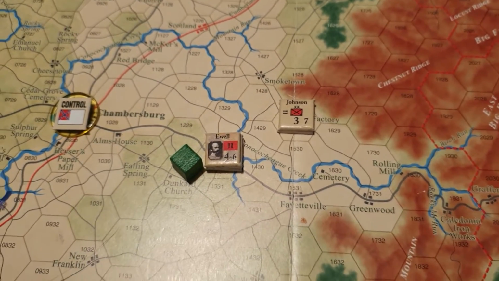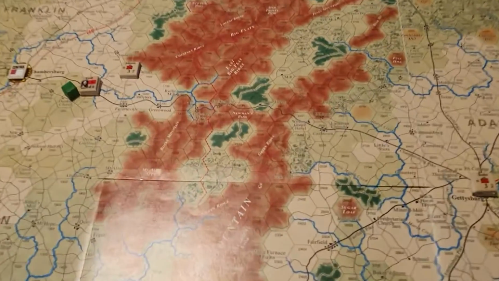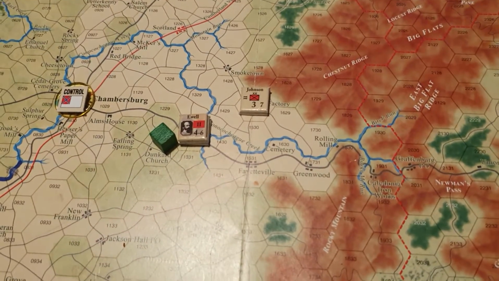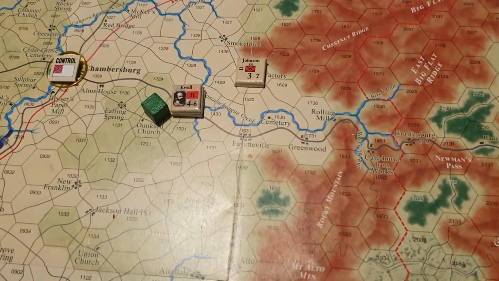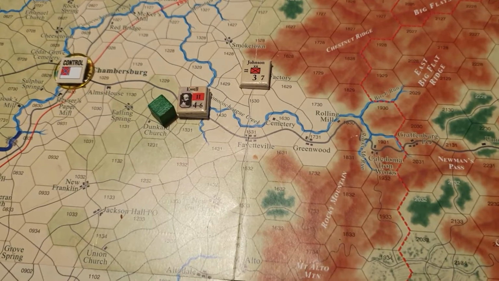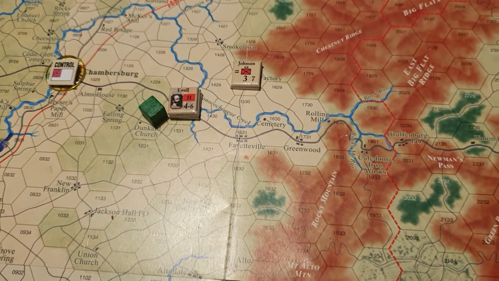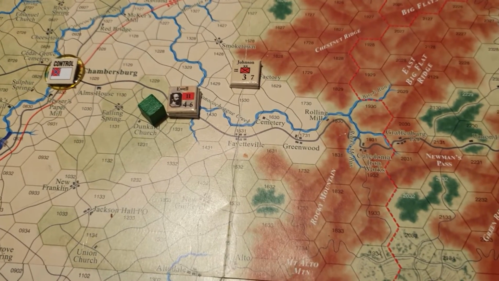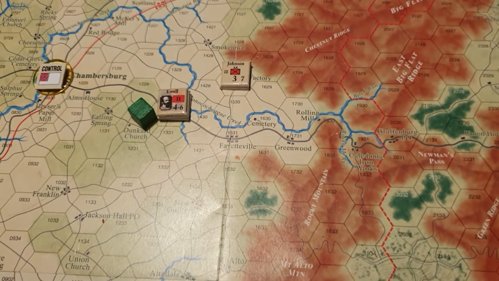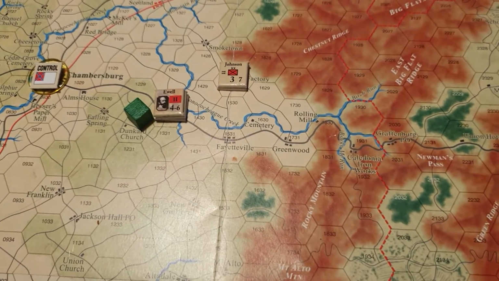The first number is the tactical value, which is used in combat. We'll discuss that when we get to combat. And the second number is the command radius or command points. So that means that he can activate units.